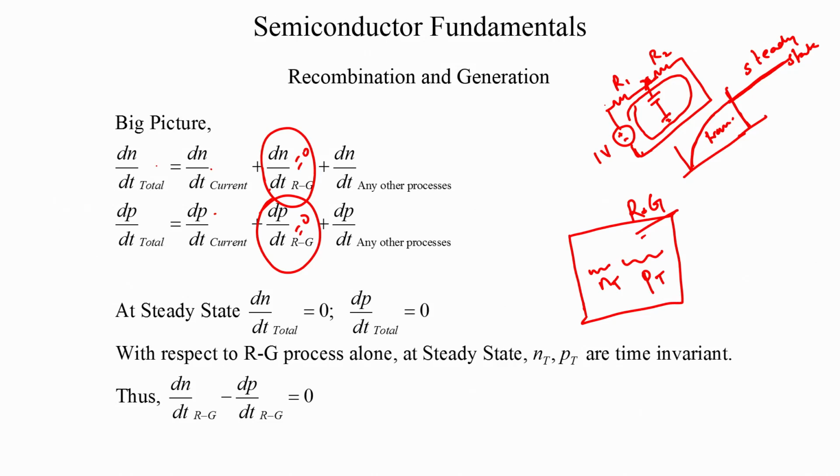Therefore, with the RG processes alone we can say that both dN/dt and dP/dt are not 0 individually when at non-equilibrium steady state, but due to the fact that it is steady state this is balanced out by any changes in the whole concentration, and therefore, dN/dt is equal to dP/dt in non-equilibrium steady state condition.